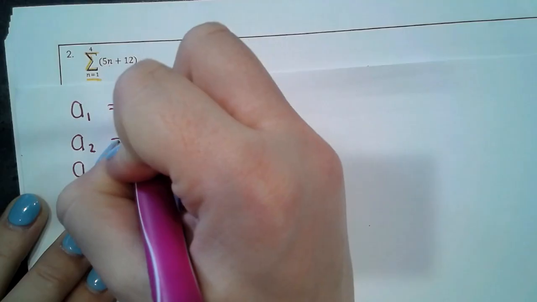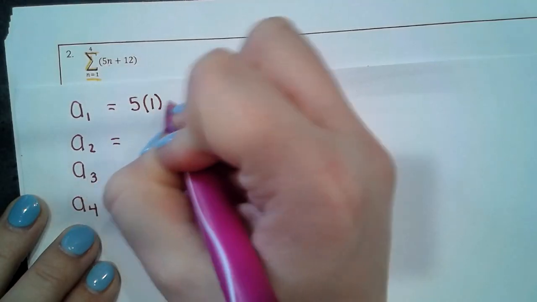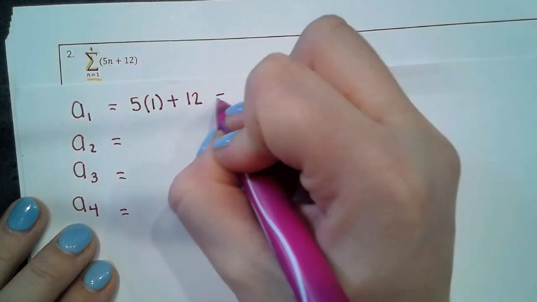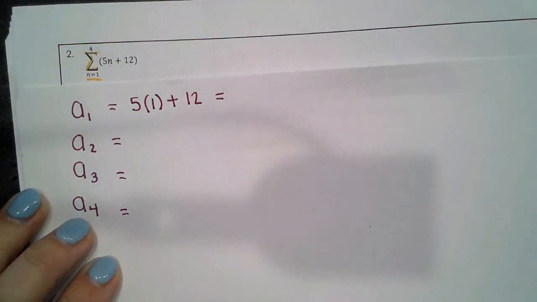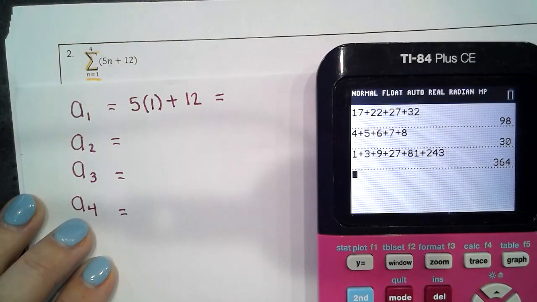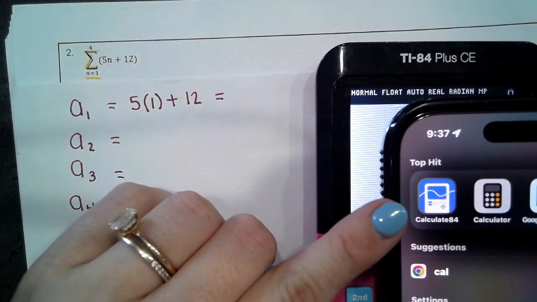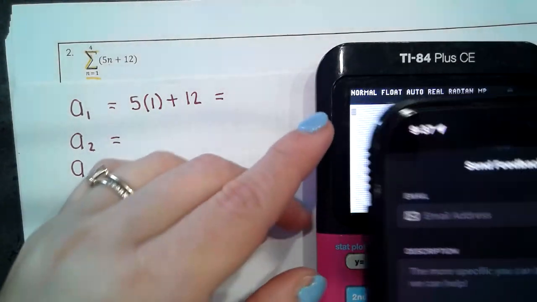So I'm going to do 5 times 1 plus 12. And you can use Desmos. You can use the app on your phone that's handy, this Calculate 84.